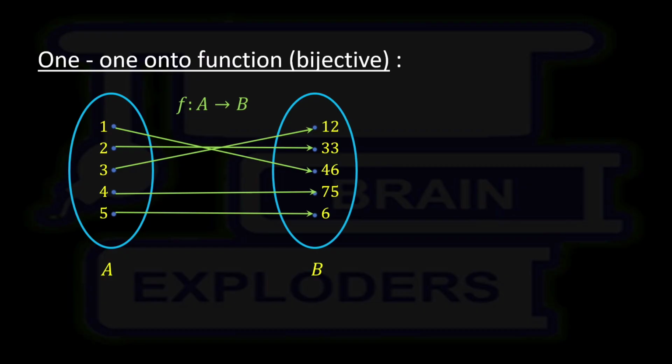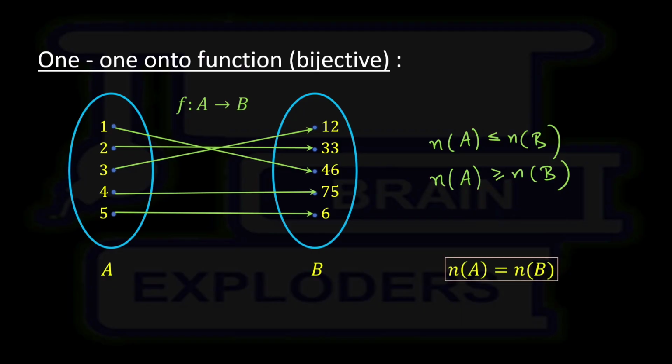Every element is connected to exactly one element, meaning no two different elements of A have the same image, as well as all the elements of B are images of some of the elements of A. So according to the 1 1 function, the number of elements in A is less than or equal to the number of elements in B, and according to the onto function, the number of elements in A is greater than or equal to the number of elements in B. Since a 1 1 onto function satisfies both these conditions, the number of elements in A should be equal to the number of elements in B.